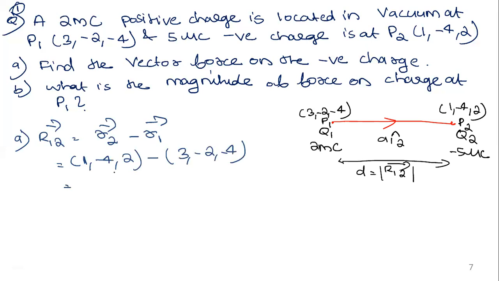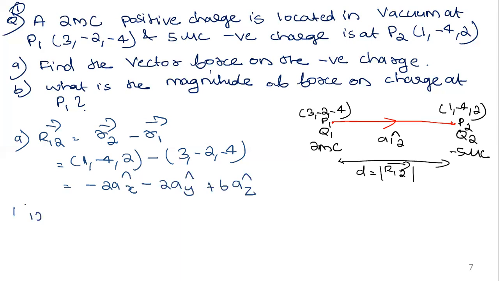So 3 minus 1 gives minus 2ax, then minus 2 minus of minus 4 gives 2ay, plus 6az, right? That is 1 minus 3, minus 4 plus 2, and 2 plus 4, so 6az. Clear or not?